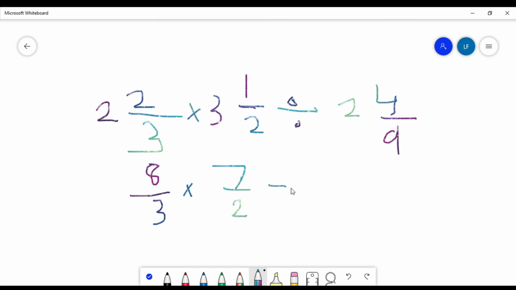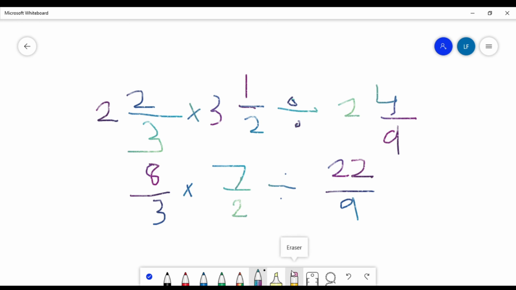And then the division side comes. 9 into 2 becomes 18. 18 plus 4. So 18 plus 2 equals 20. Then 20 plus 2 becomes 22. So 22 by 9.